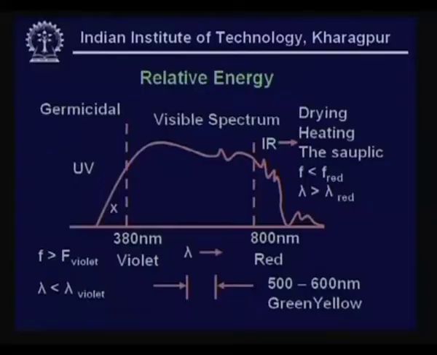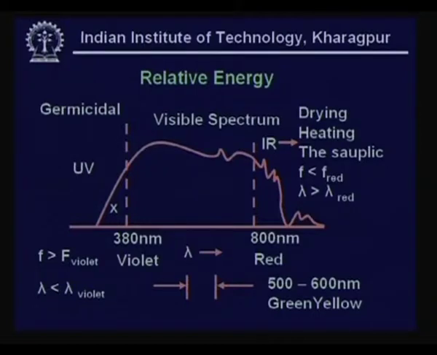Therefore, the lower the wavelength, the higher the frequency, and therefore we find ultraviolet has an electromagnetic frequency higher than that corresponding to violet, and this is referred to as ultraviolet light.